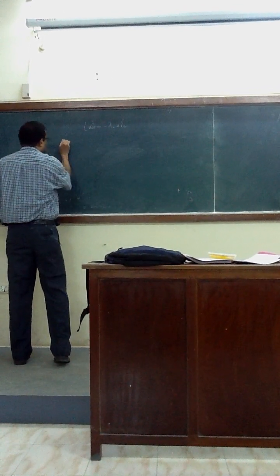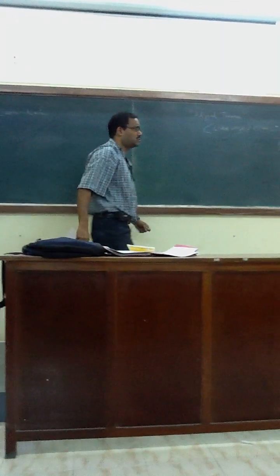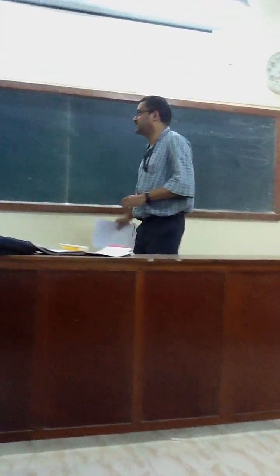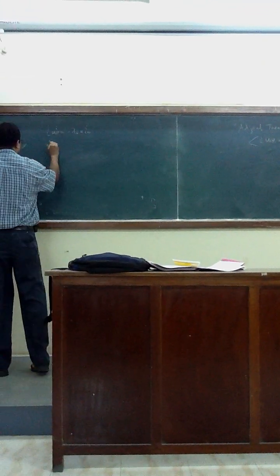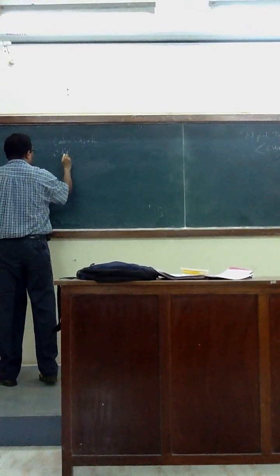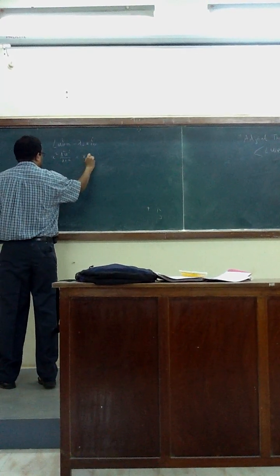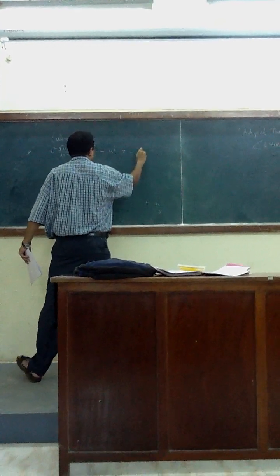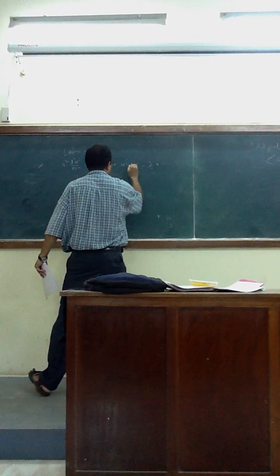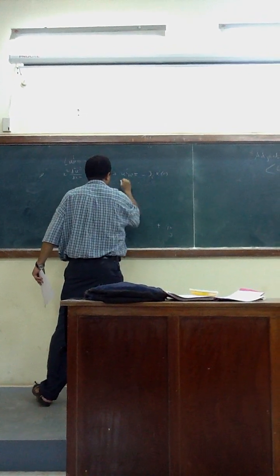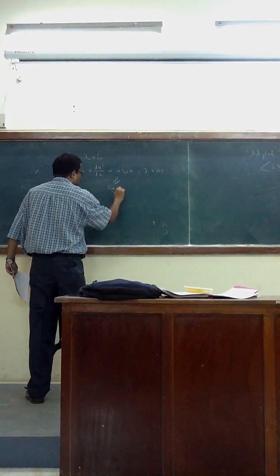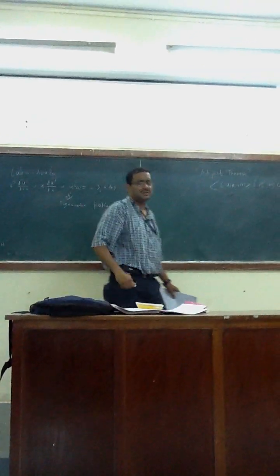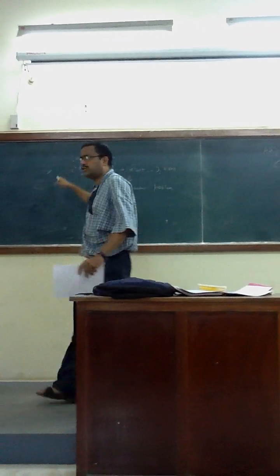That means I can have x squared d2u_i/dx squared plus x du_i/dx plus u_i equals minus lambda_i u_i(x). This is the eigenvalue problem. This kind of operator we have seen, the Cauchy-Euler operator, which is non-autonomous but a linear operator.